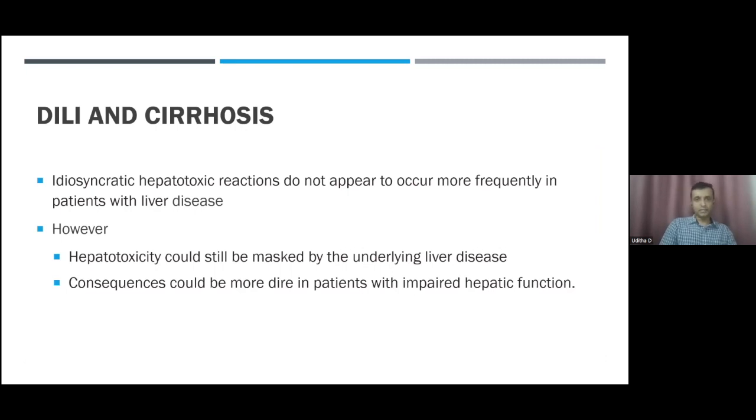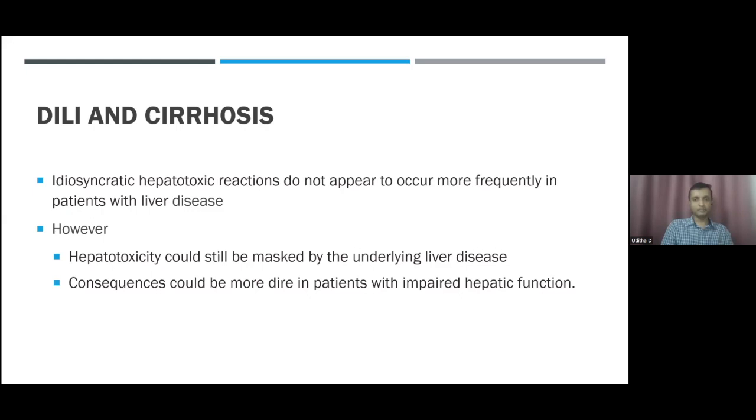However, if a patient with liver disease gets hepatotoxicity, one thing is it would be difficult to detect, especially if the patient is decompensated. If the patient has high bilirubin and low albumin or high transaminases due to the liver injury itself, then that would mask the potential drug-induced hepatotoxicity.